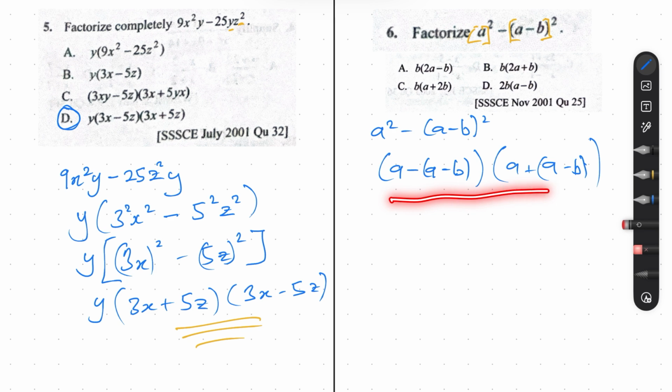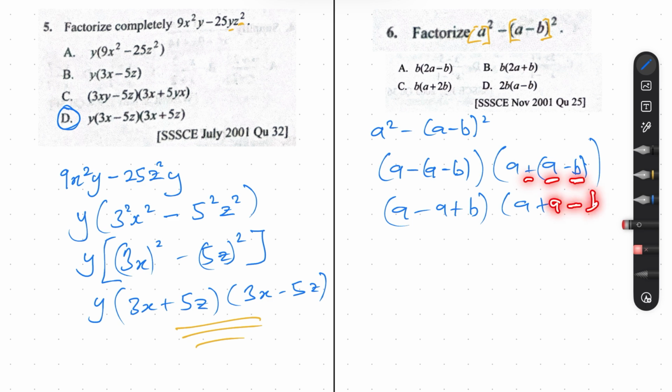Now let's break it down. We are going to have a minus a, then minus becomes positive, so plus b. Then here we have a plus a, then plus minus b, which will be minus b.